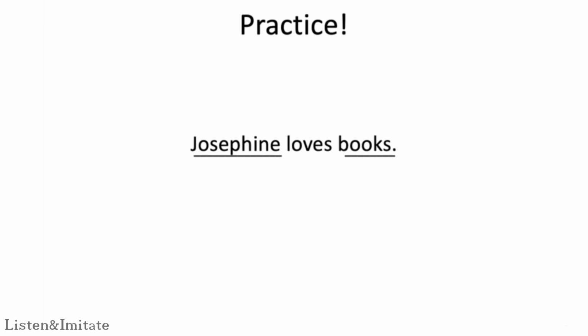Josephine is a proper noun, and books is a common and countable noun. He watched that new movie. There is 1 noun in this sentence. Movie is both a common noun and countable.